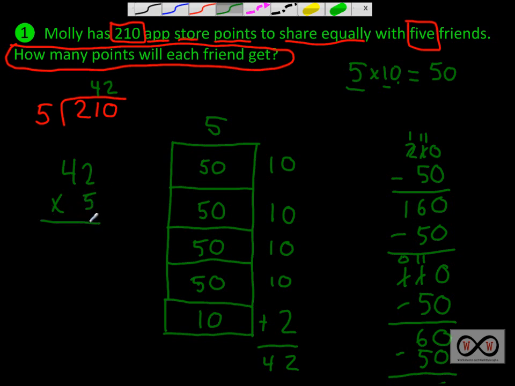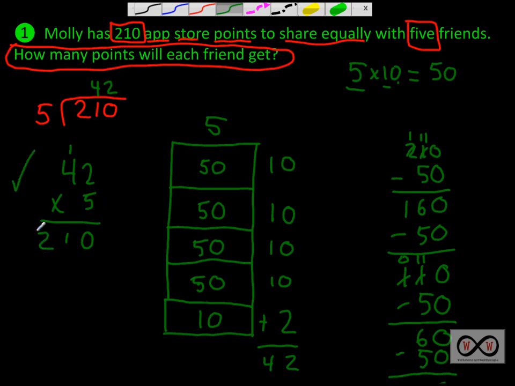So we've got 5 times 2. Each friend gets 42 App Store points, and we're multiplying by 5 to make sure this all checks out. We got 5 times 2 is 10, if you're thinking that, good for you. Then we've got 5 times 4 is 20, plus 1, we'd be back to 210. So yes, it does indeed check out.